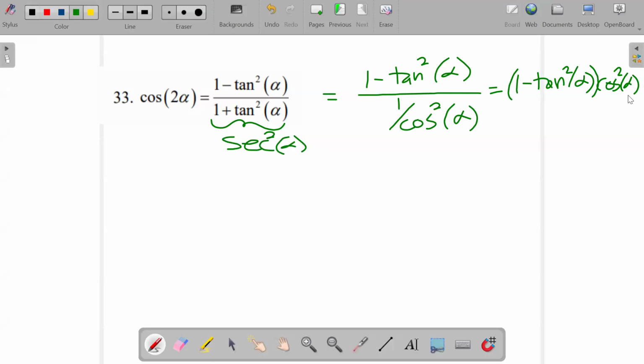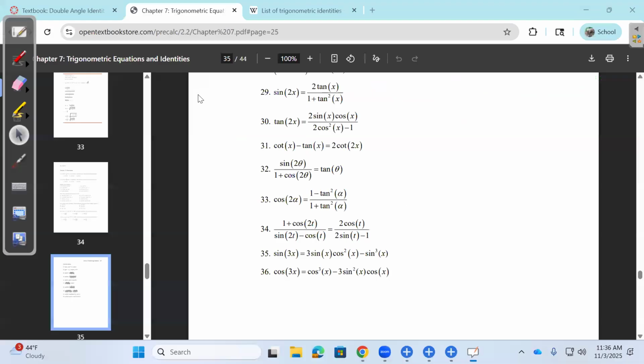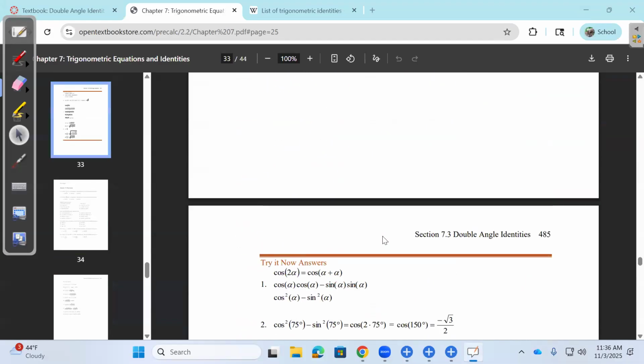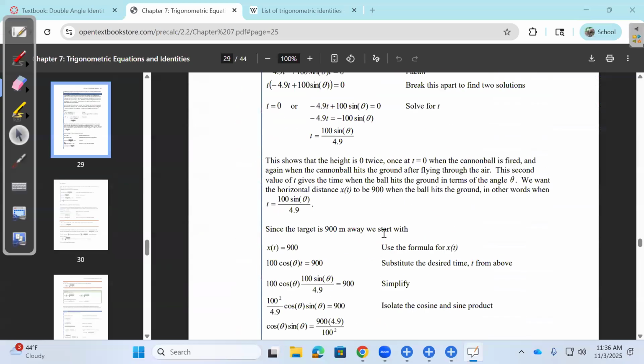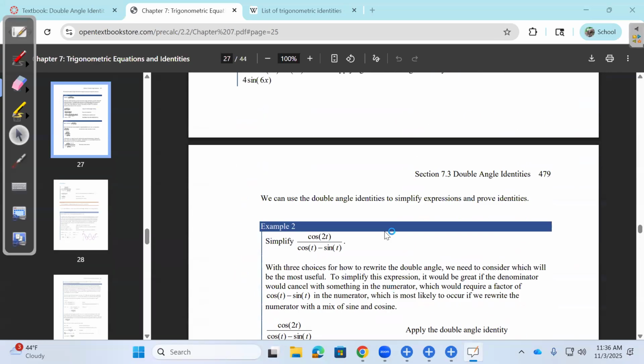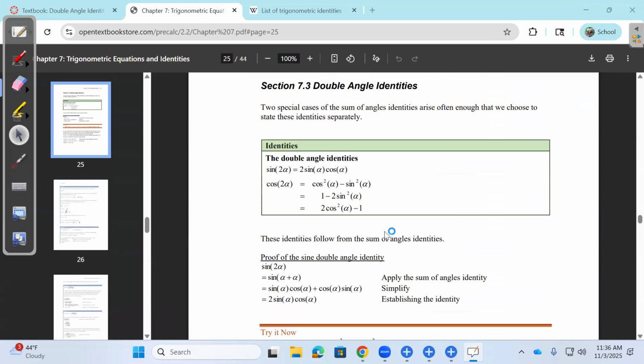Well, since I have alphas on one side and 2 alpha on the other, shouldn't I use the double angle? And we have a bunch of different versions of that. So let's look back at the double angle versions of cosine to figure out which one we might want to adopt. Scroll through the book till I get to it. It's at the beginning. All right. One of those might be handy here.